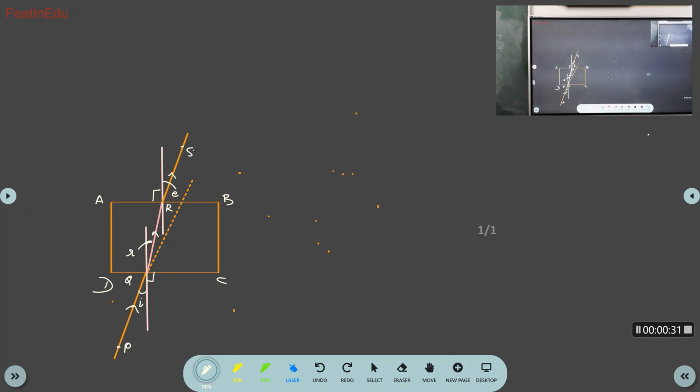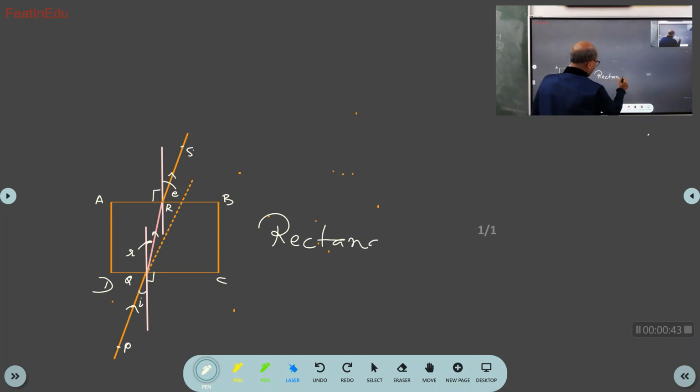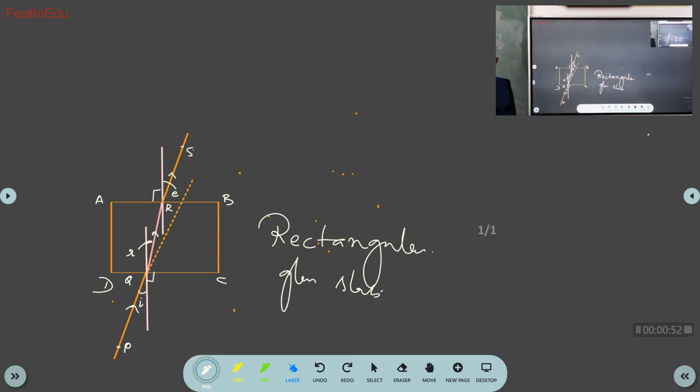As you can very well see, we had used a glass slab ABCD. Now ABCD is a rectangular glass slab. Because whatever phenomena you saw, it is with respect to this.